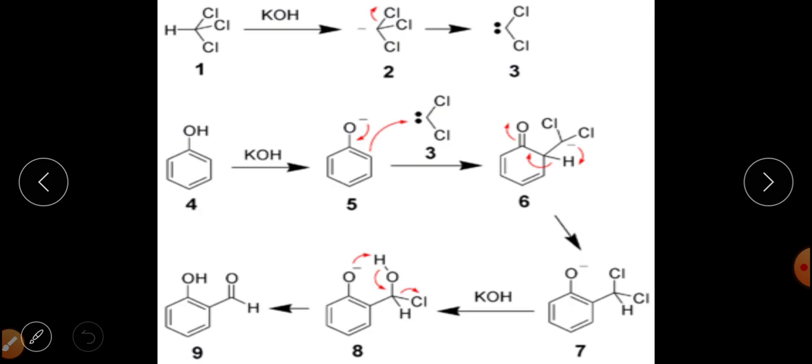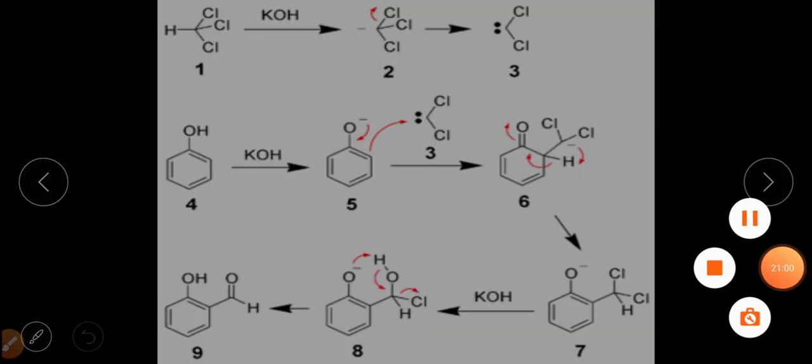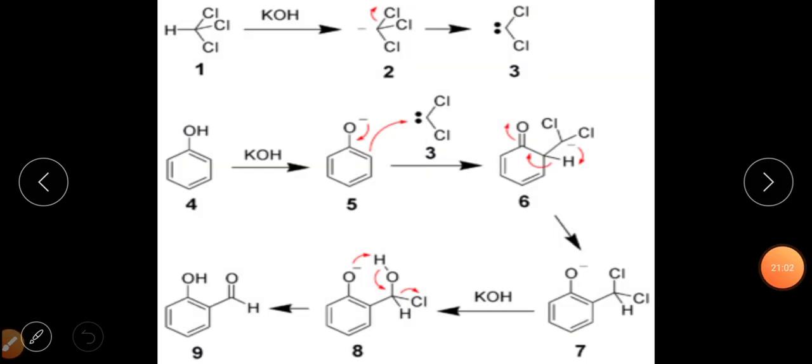Now this reaction is synthetically very important, and the importance is that besides phenol, some activated heterocyclic compounds can also react with chloroform in the presence of base. This is the beauty of this reaction, how they can be converted.